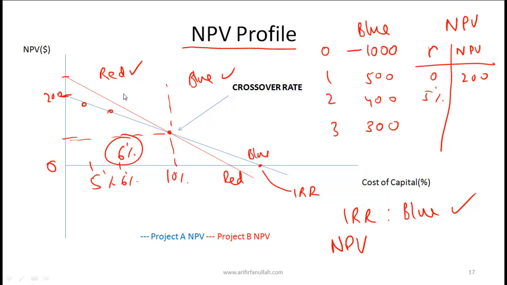So whenever there is a conflict, go with NPV. On the right there is no conflict, because both NPV and IRR say that we should go with the blue project. Say the discount rate is 14%, then the blue project has a higher NPV, and as you can see the IRR for the blue project is also greater.